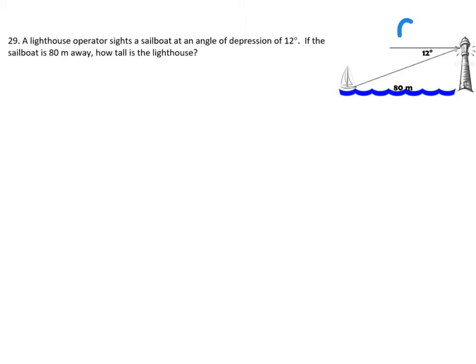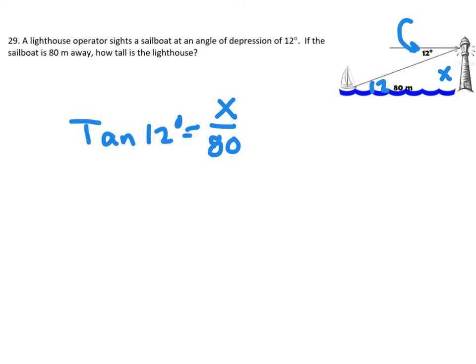In this case, they help you by drawing the diagram to show you where the angle of depression is. But ultimately, you can move that 12 down here, and then they want you to find the height of the lighthouse. So this is actually a tangent question. Tangent of 12 degrees is the lighthouse, the opposite, over the horizontal distance, the adjacent.